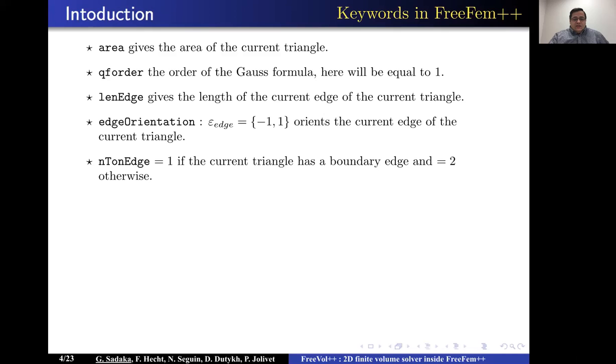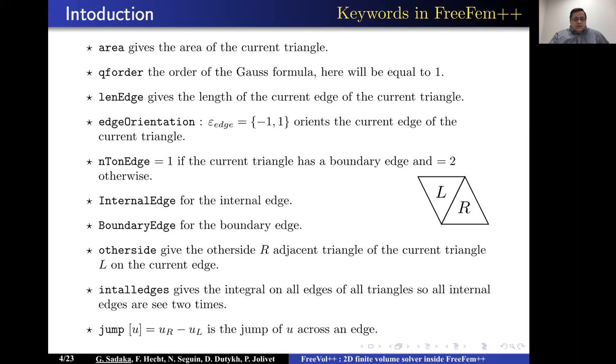Nb on edge is the number of triangles on the edge. If it's on the boundary, we have only one, and if it's inside, we have two adjacent triangles. If we want to see if we are on an internal edge, we have the keyword internal edge. And if we want to see if we are on a boundary edge, we have the keyword boundary edge.